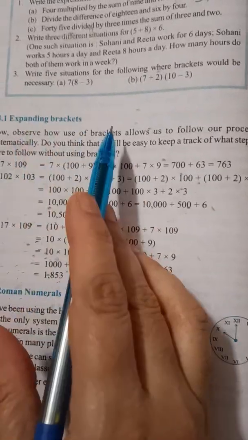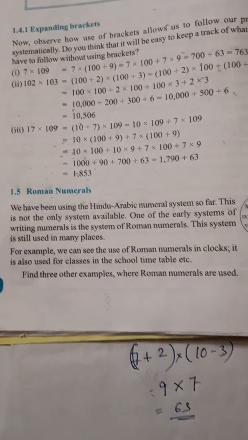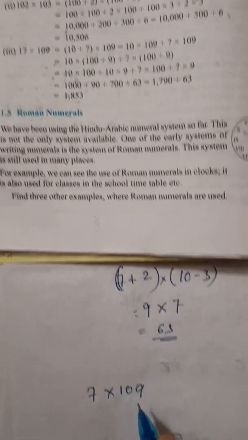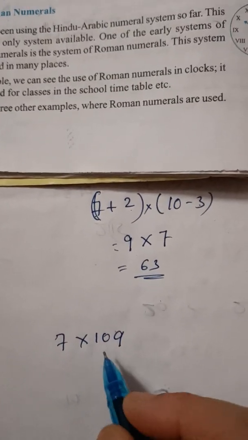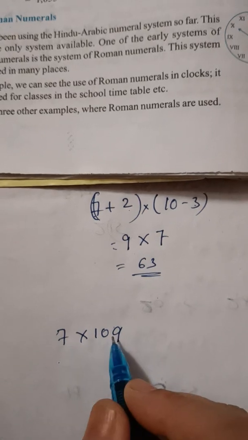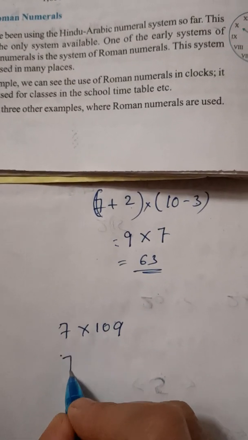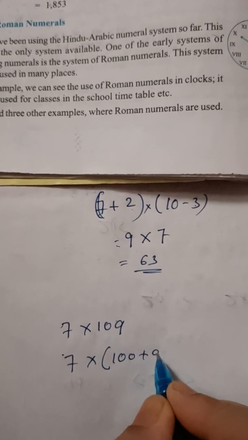Next is expanding the bracket. Next, 7 into 109 is the question. So now we can use bracket also. Using brackets we can expand this. So instead of multiplying 109 into 7, we can write this 109 as 100 plus 9.